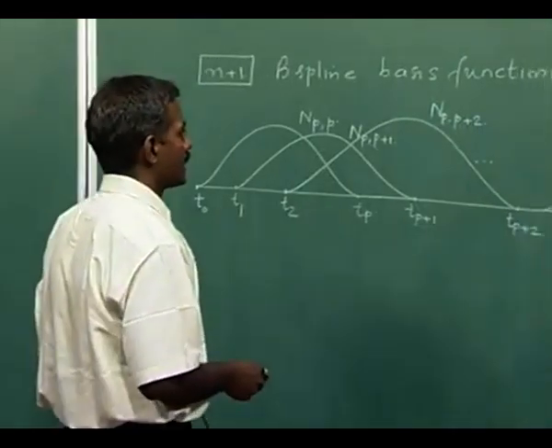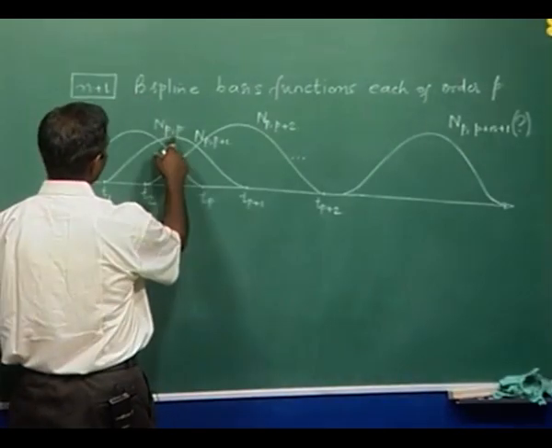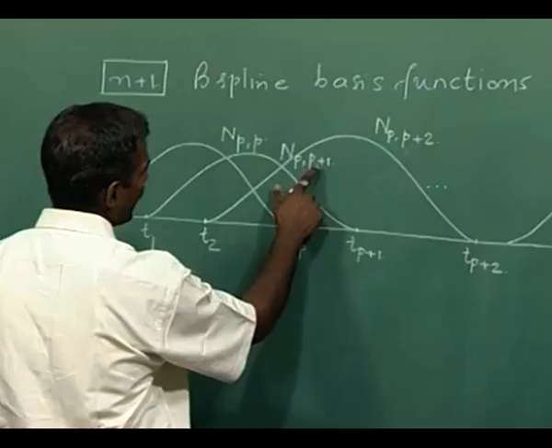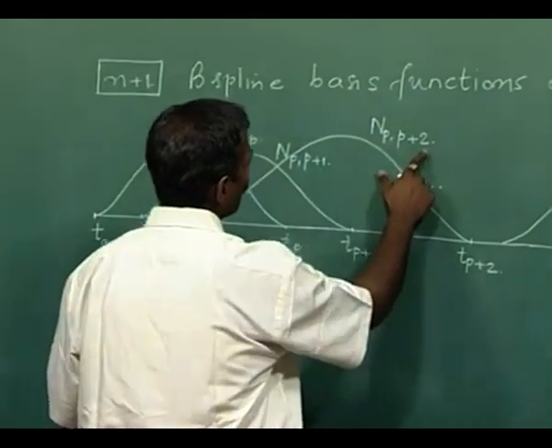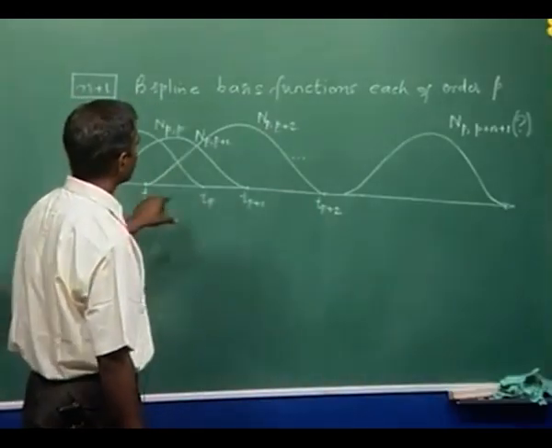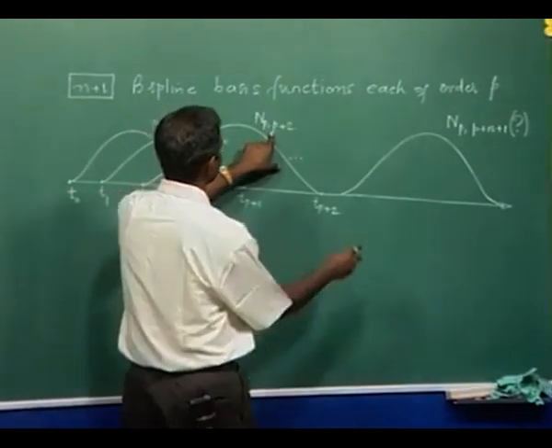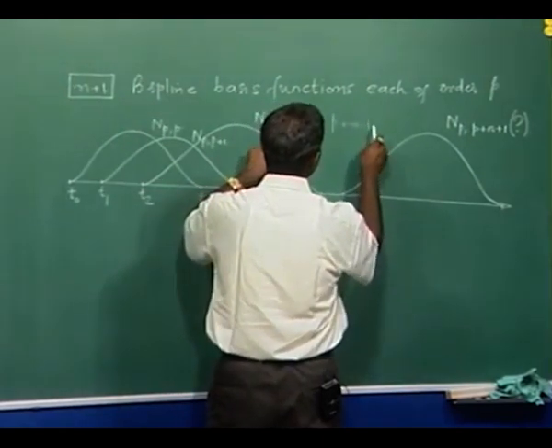Now let's analyze this again. For the first B-spline function, I have the last index as p. For the second, I have p plus 1. For the third, I have p plus 2. For the nth basis spline function, I should have the index p plus n minus 1.